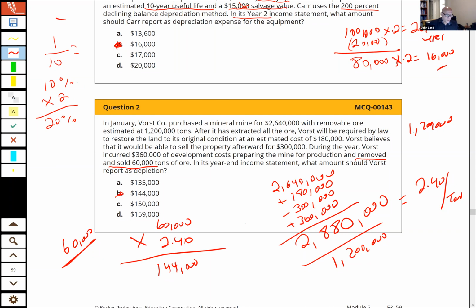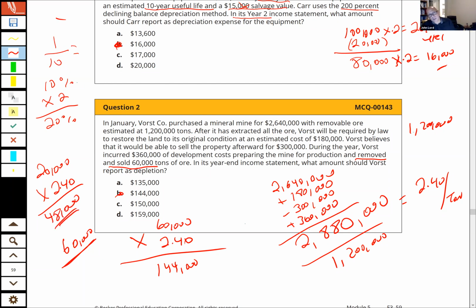What would happen if they told me that they removed 60,000 units, but they only sold 20,000? And they wanted the amount reported on the income statement. Then they would have 20,000 times 2.40. What's that? 48,000?